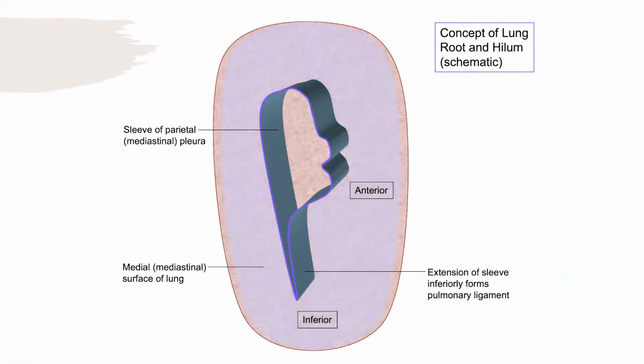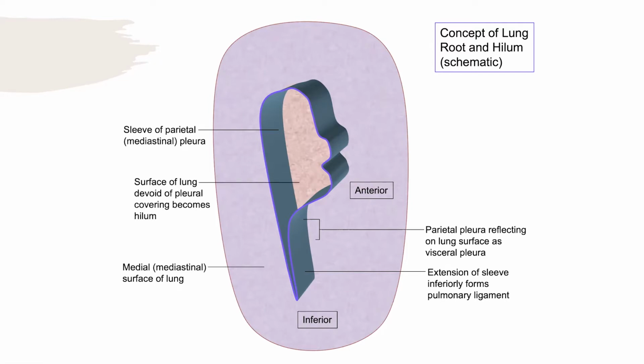And then let's give it a different color. What I'm showing you now, you're looking at the parietal pleura, which is reflecting on the lung surface as the visceral pleura. So you can see what this parietal pleura becomes. Basically this is the visceral surface. Previously we were looking at the parietal surface, and that is inside. That is the surface of the lung which doesn't have any pleura.